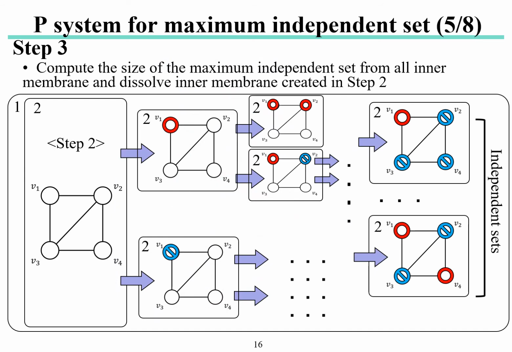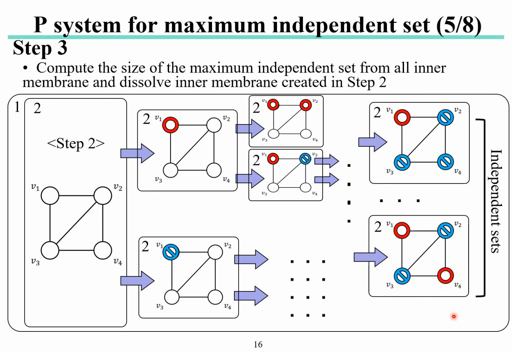In the third step, the size of the maximum independent set is computed from all inner membranes, and the inner membranes created in step 2 are dissolved. In the previous step, each vertex is assigned like this. In this case, there is an independent set with two vertices, such as V1 and V4, but there is no independent set with 3 or more vertices.